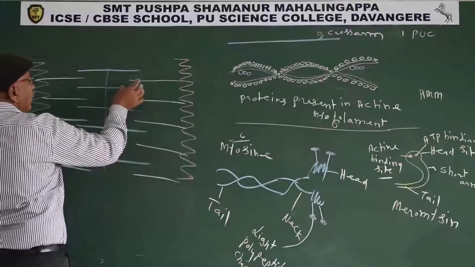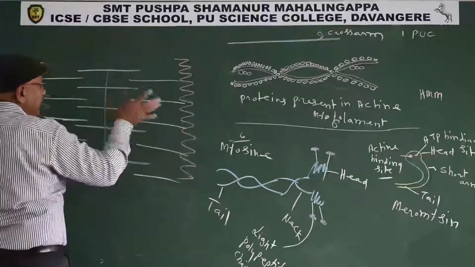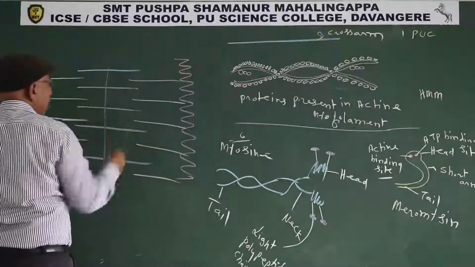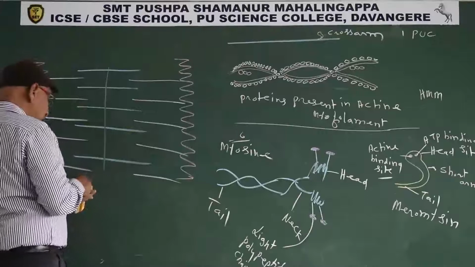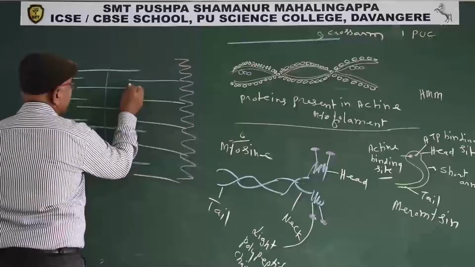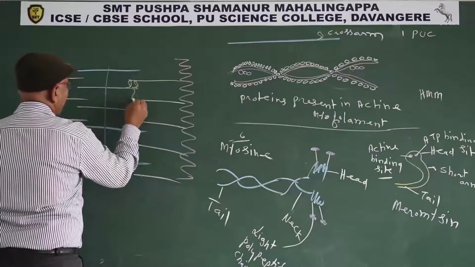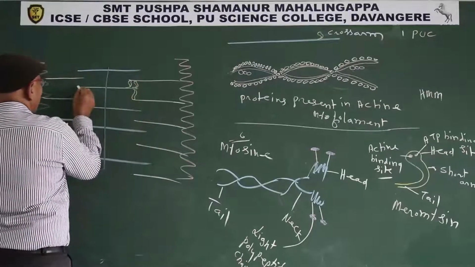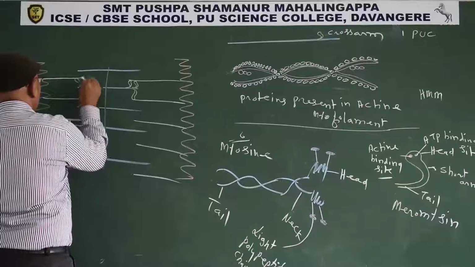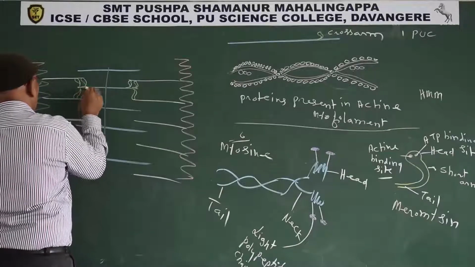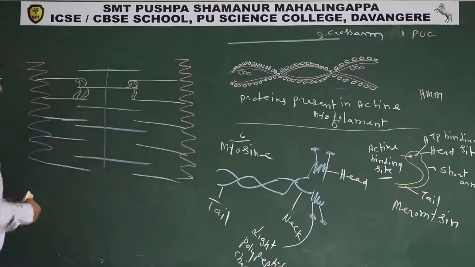We assume 300 meromyosins are present. 150 meromyosins with the help of the head attach to actin filaments of one half of the I band. Another 150 meromyosin heads attach to actin filaments of the other half of the I band.